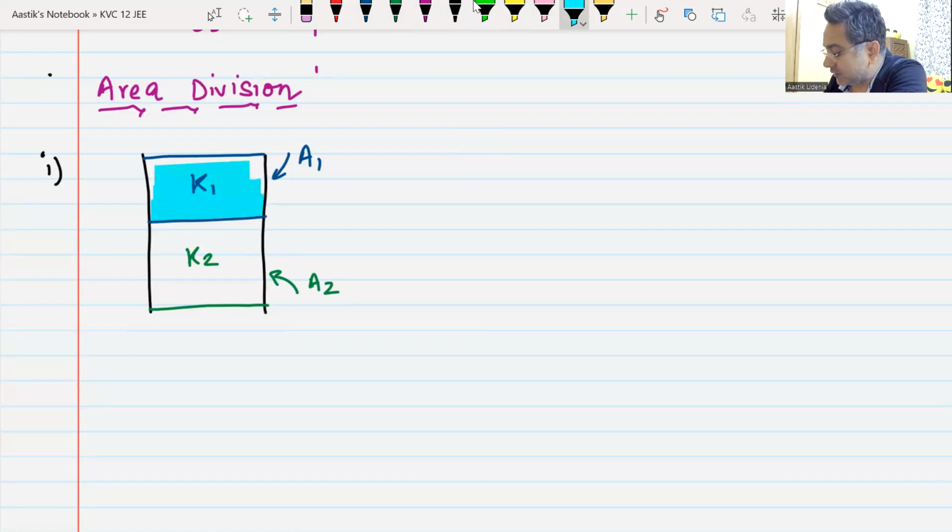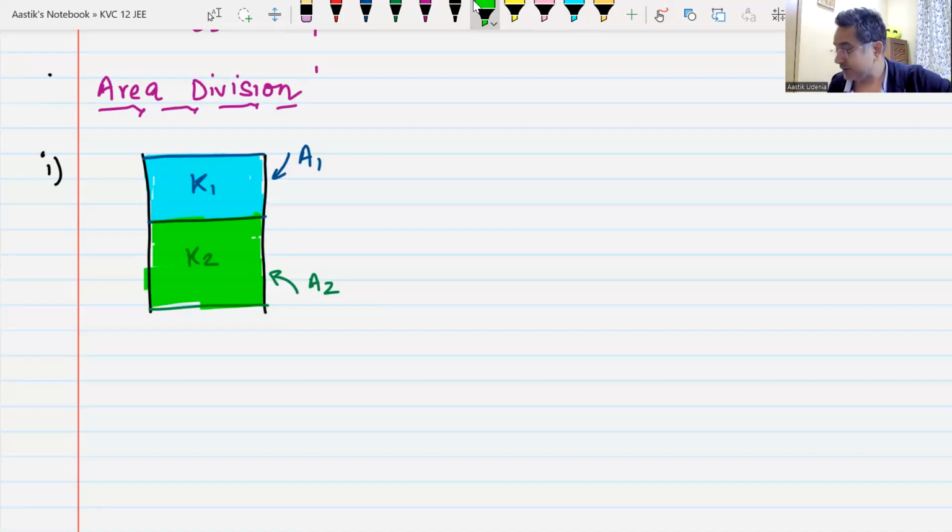So I fill it up like this. This type of filling would be known as division in area. Do we understand this? This type of division could be known as division of area. Now, the original capacitance still remains epsilon naught A by D.